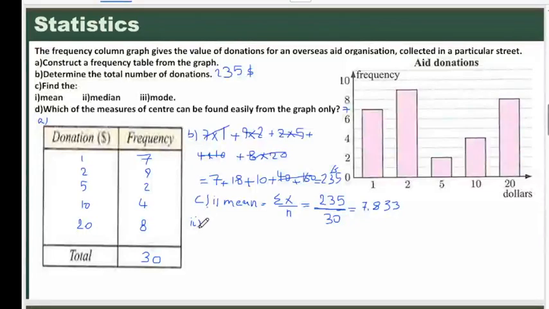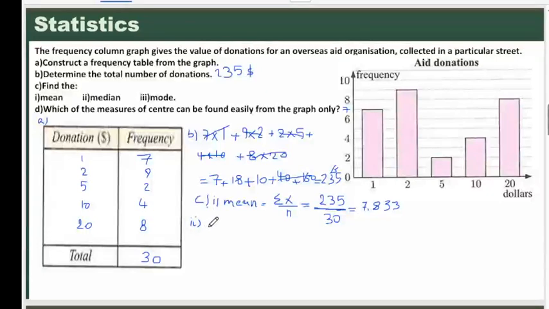Part C, part 2, median. If I order all the values, rewrite them in order, when data is ordered, the median is the middle value.